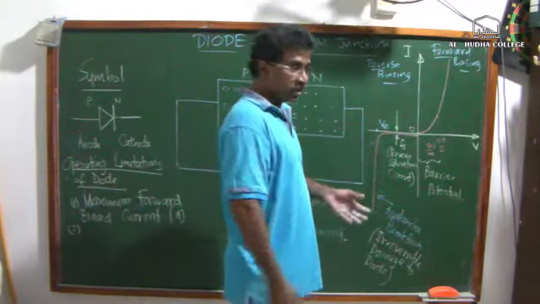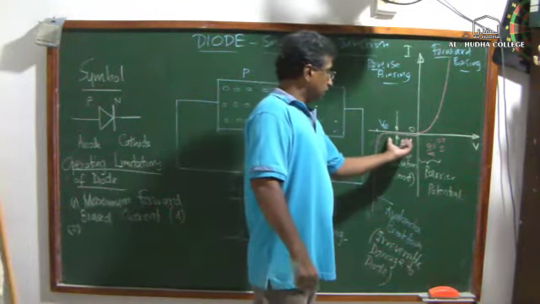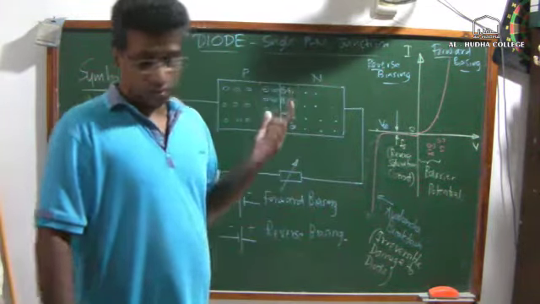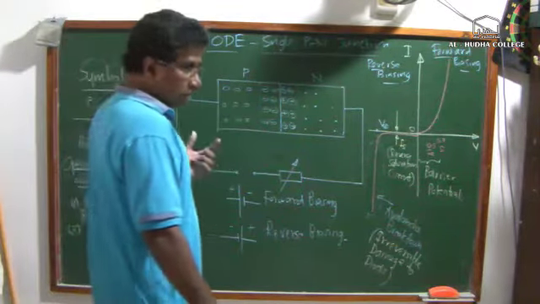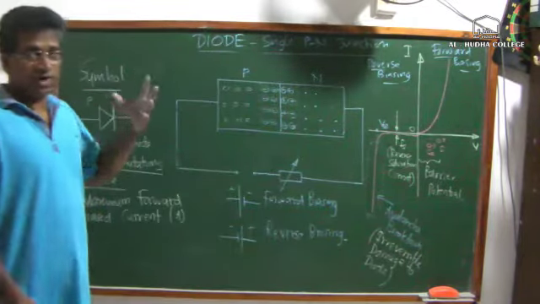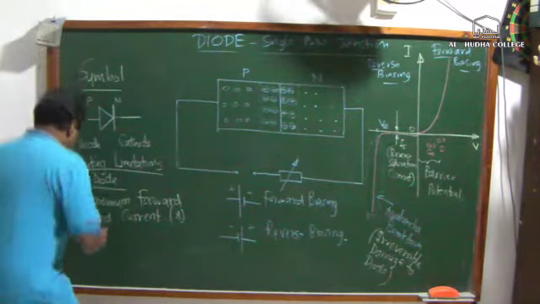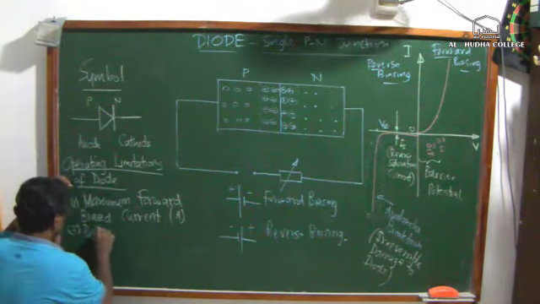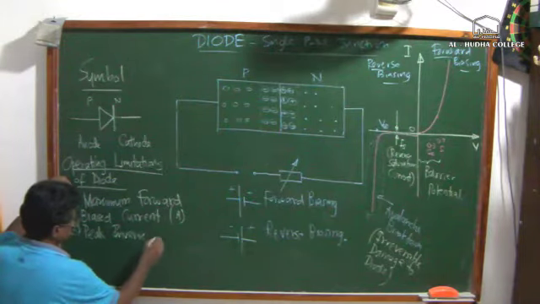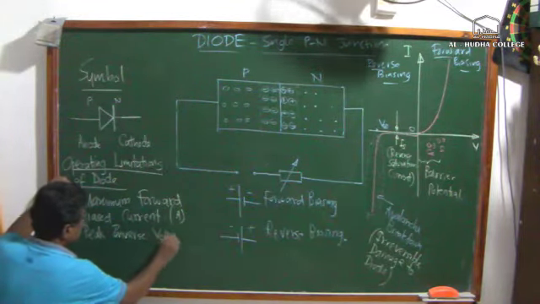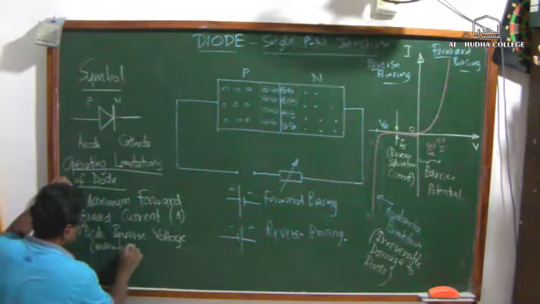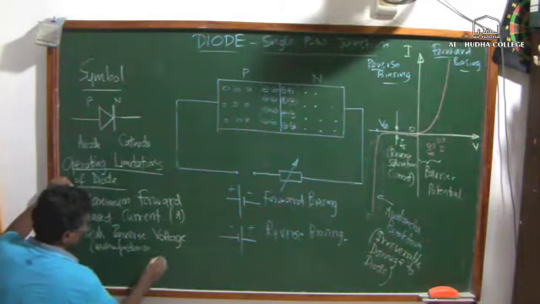The manufacturer will tell you the peak reverse or peak inverse voltage, PIV, the maximum reverse voltage you can apply. For various diodes, the peak inverse voltage will vary. PIV is manufacturer defined.